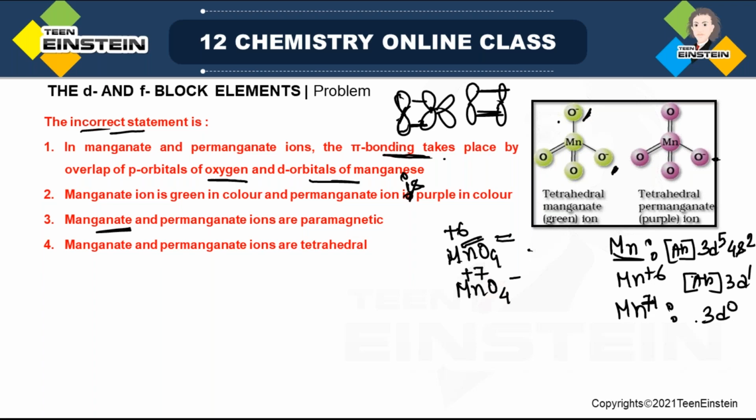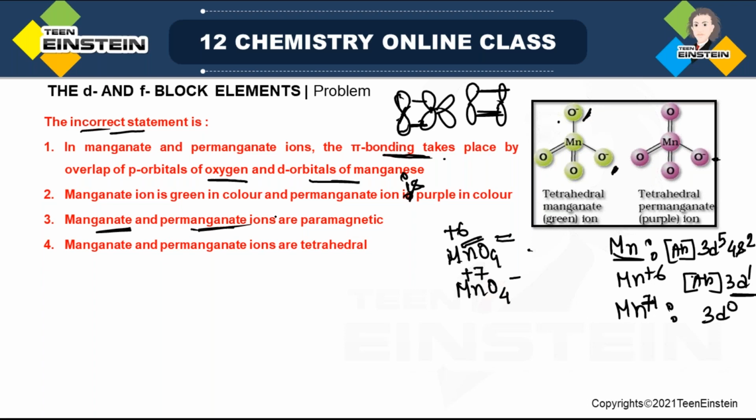So both the ions are not paramagnetic, only one of them is, the one with only one unpaired electron. That is 3d1, Mn +6, which is MnO4 2-, manganate. So manganate is paramagnetic, not permanganate. So this statement is incorrect.